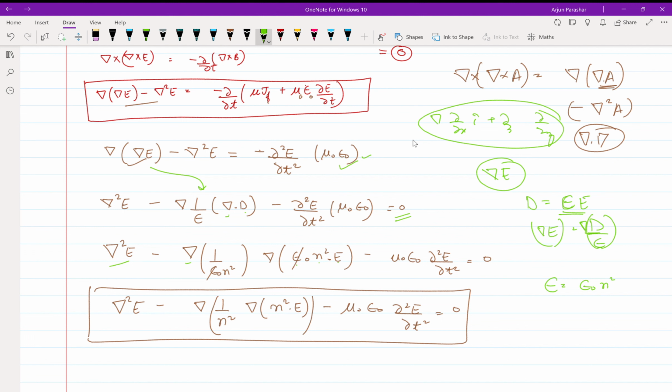So just putting the terms in and cancelling epsilon, because it does not depend, finally we get del square E minus del of 1 upon n square del n square dot E minus mu naught epsilon del square E by del t square.